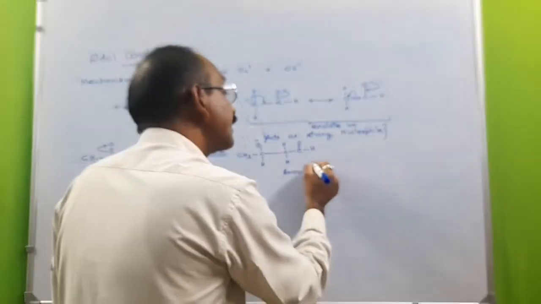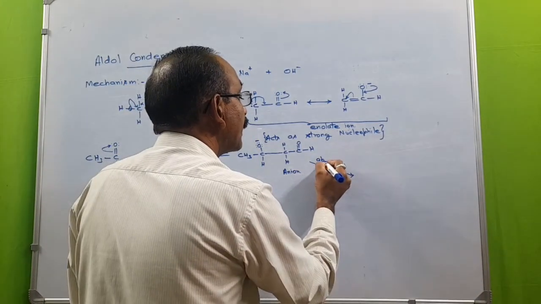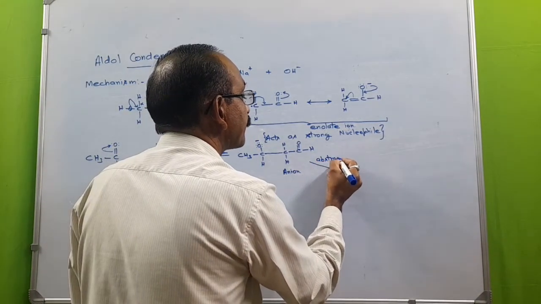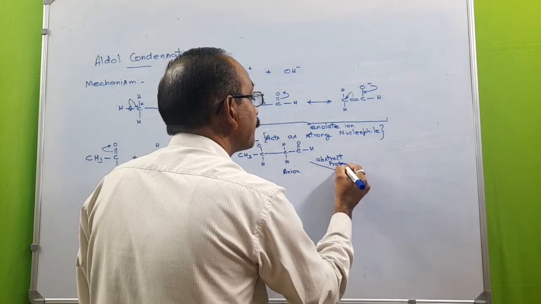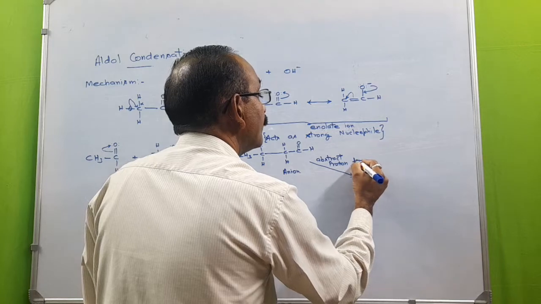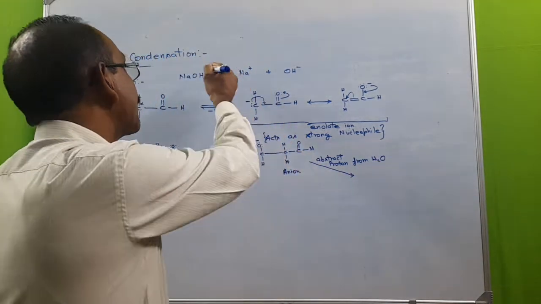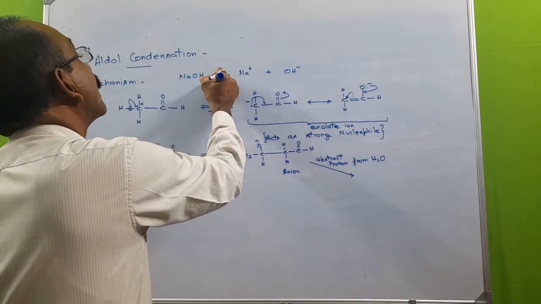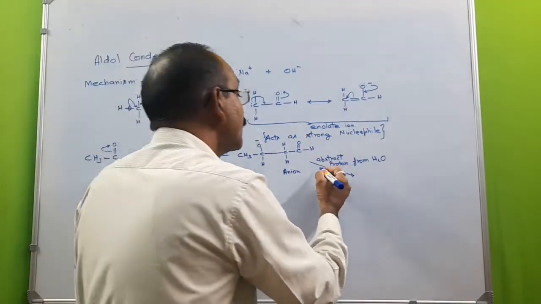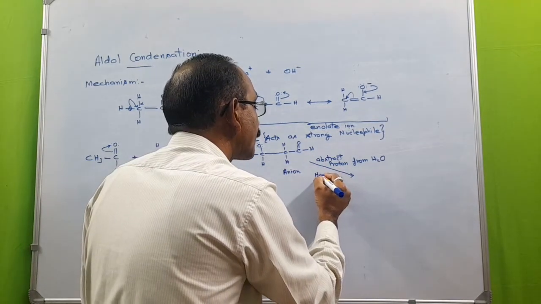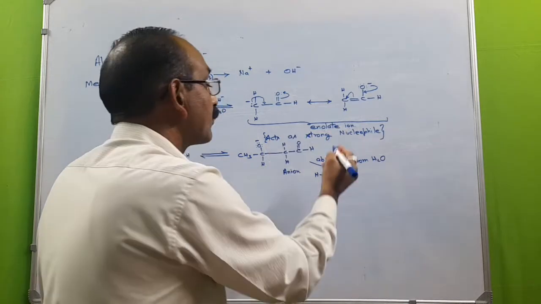This anion will then abstract a proton from water. As the NaOH is taken in aqueous form, water is the medium. So from water, this will abstract a proton. This one is water. So what will happen?